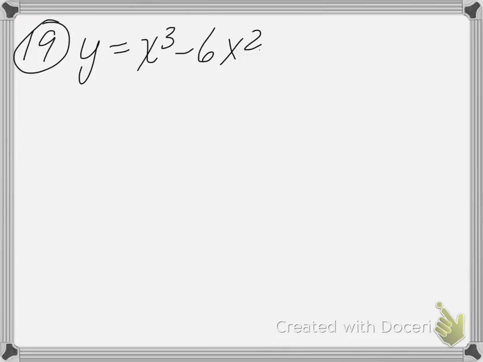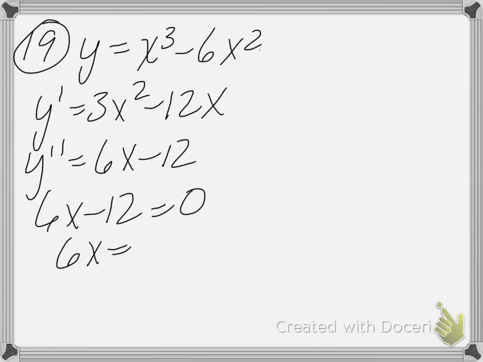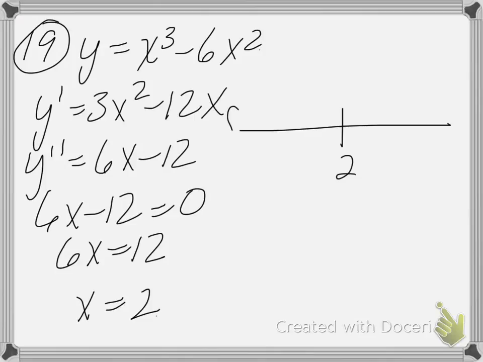Okay, for number 19, the answer was A. You needed to find out about concavity, so that would be the second derivative. So that's the first derivative. That's the second derivative, and you set that equal to 0. Okay, so now I know x equals 2 is a possible inflection point, so I'm going to make a wiggle graph, and we're going to substitute into the second derivative.